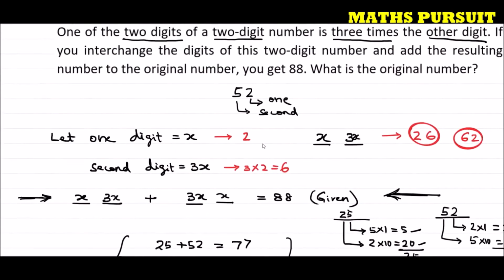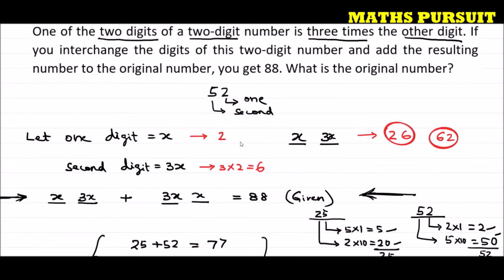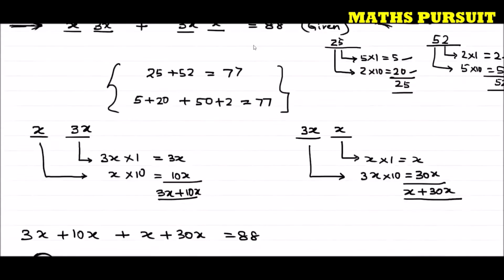Now let us look into the question and let us wrap up our answer. What is the original number? The question is asking us what the original number is. Now guys, let us write the concluding answer.